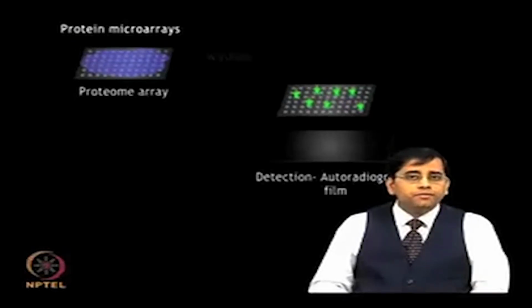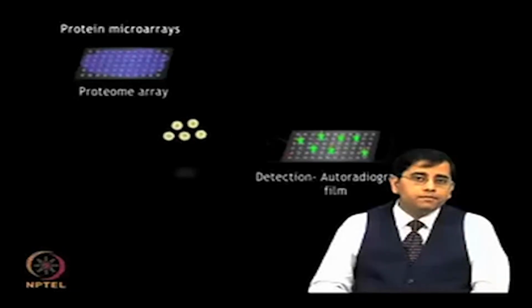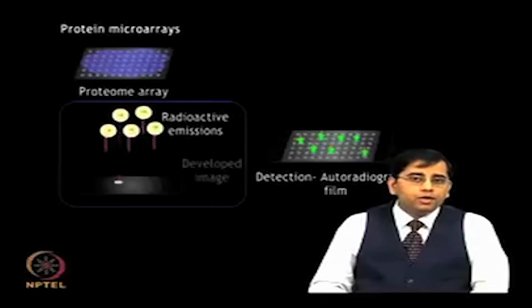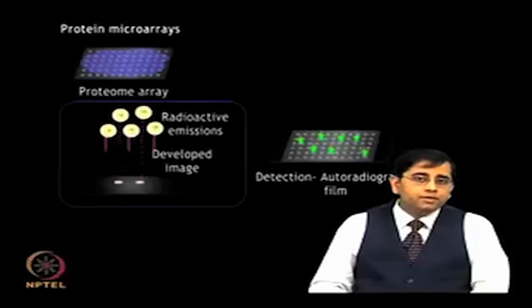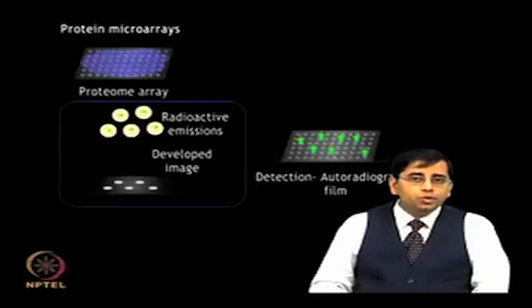The radioactive emissions from the phosphate label present at the phosphorylated protein sites strike the film. Upon development, the positions at which phosphorylation has occurred can be clearly determined. Thus, proteome chip technology offers a useful platform for detection of phosphorylated proteins.